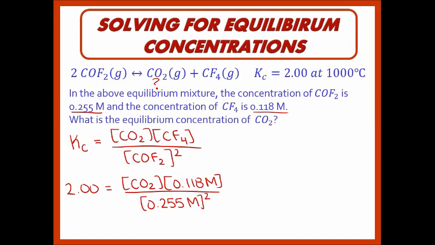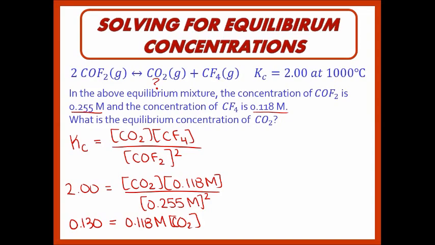We can solve for the CO2 concentration at equilibrium by simple algebra. If we square this 0.255 value and multiply by it on both sides in order to cancel it out from the denominator, we get that 0.130 is equal to 0.118 molarity times this concentration of CO2 at equilibrium.